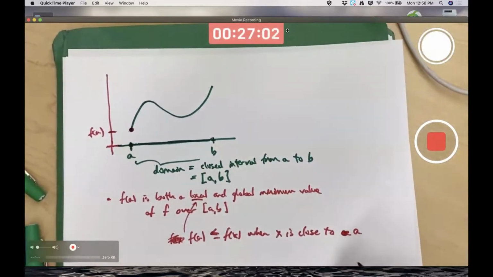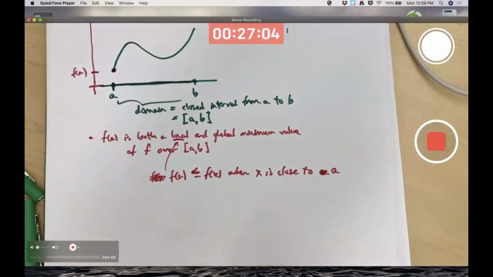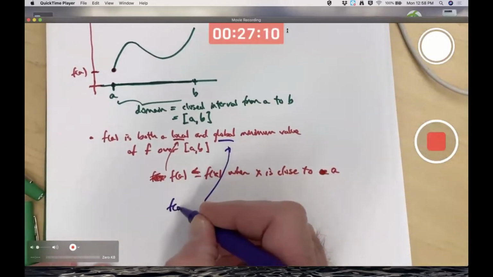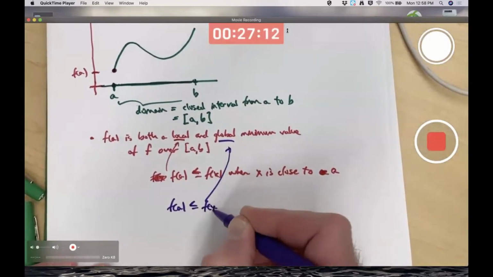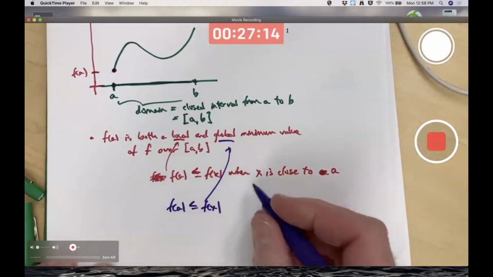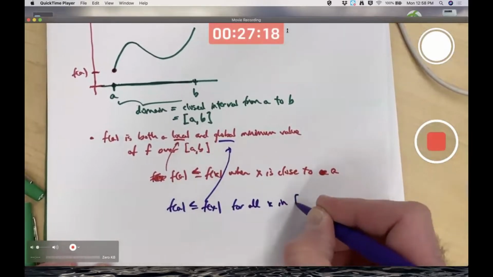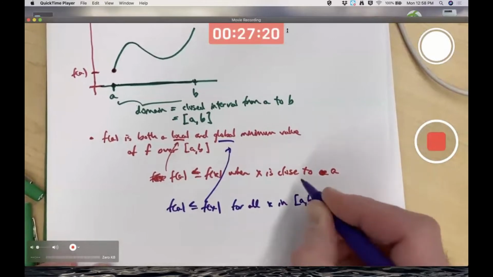Global means, in fact, f of a is less than or equal to f of x, not just near a, but for all x in the domain. For all x in this closed interval, not just when it's close to a.